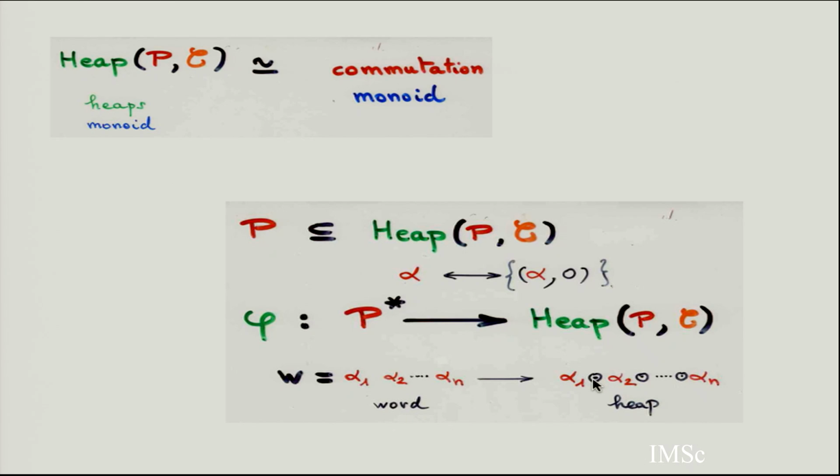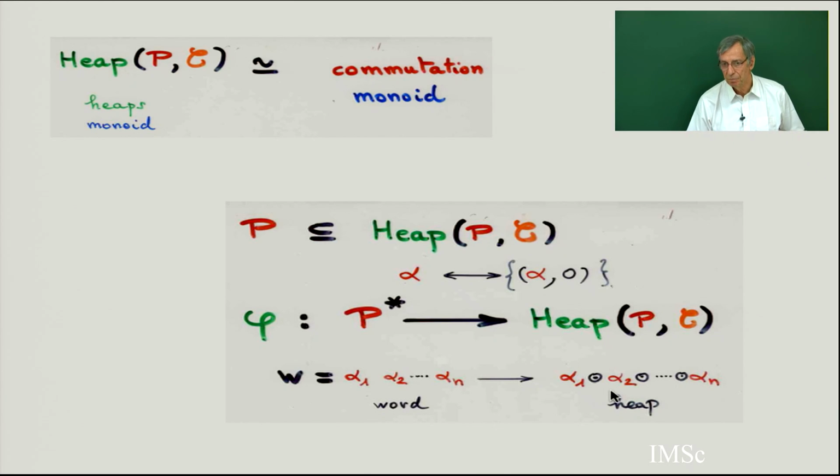This symbol means the product of heaps, and each basic piece is viewed as a heap: a single piece at level 0. I identify a basic piece with a heap having only one element. For each word, I take the product of all these one-element heaps, and I get a heap.